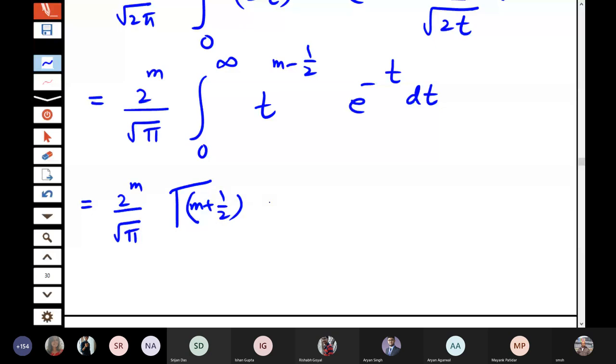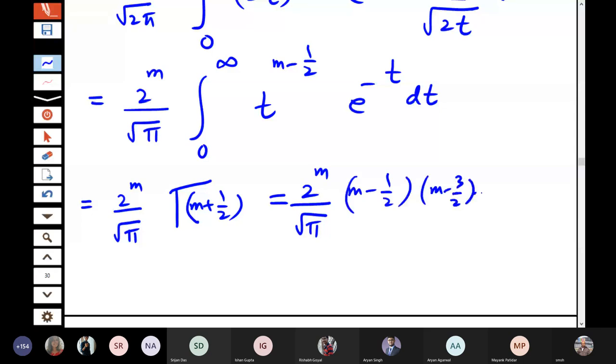And this we know we can expand, that is m minus half into m minus 3 by 2 and so on, up to 5 by 2, 3 by 2, 1 by 2, root pi. So this cancels out, which you can simplify as 2m minus 1, 2m minus 3 and so on, 5, 3, 1.